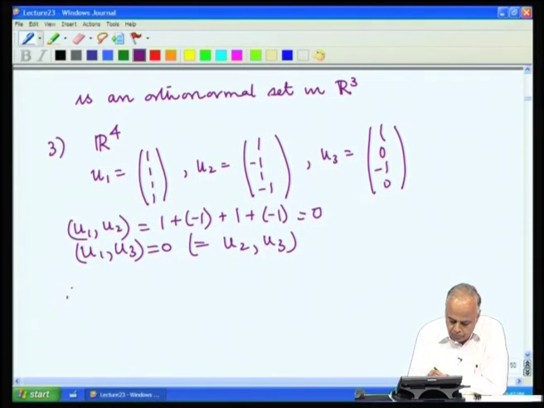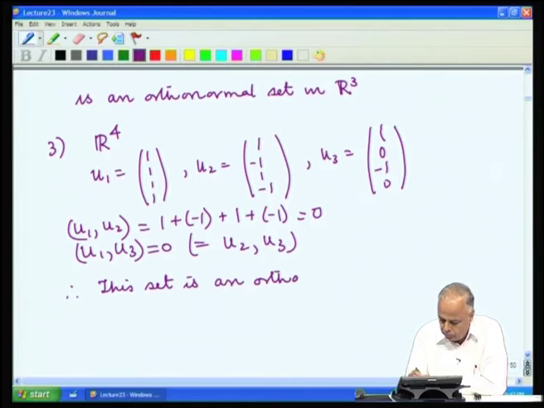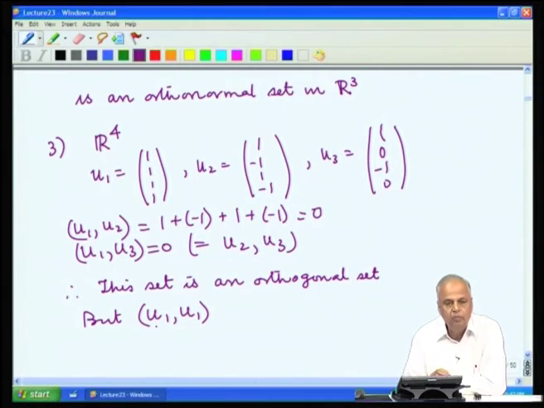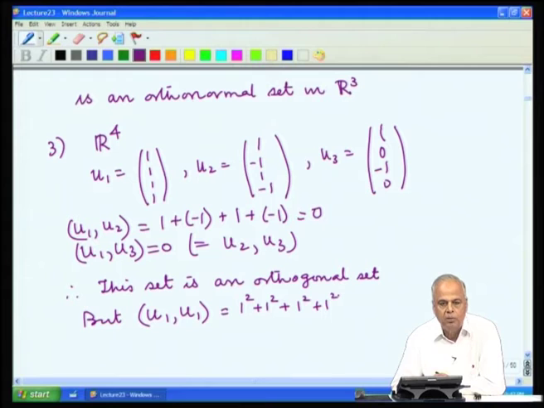So this set is an orthogonal set, but the length of u 1 squared, which is the inner product of u 1 with u 1, is 1 squared plus 1 squared plus 1 squared plus 1 squared, the sum of the squares of the components, which is 4, but we want it to be 1 for normality. So it is not 1.